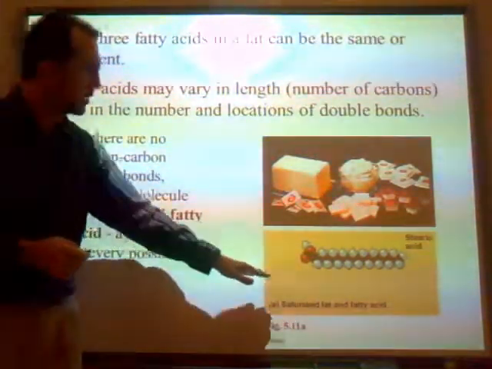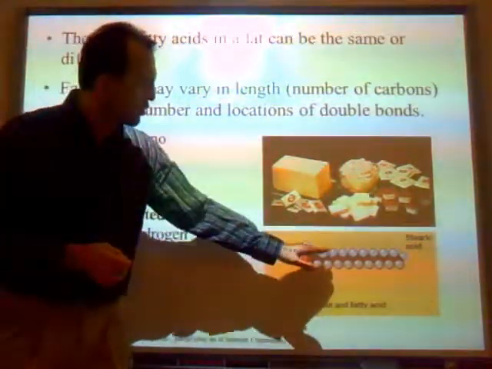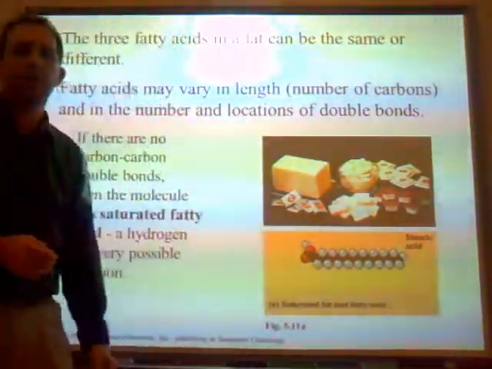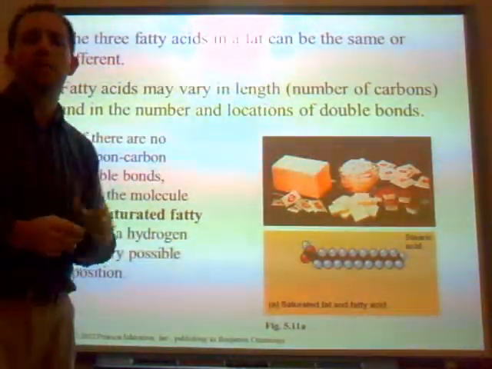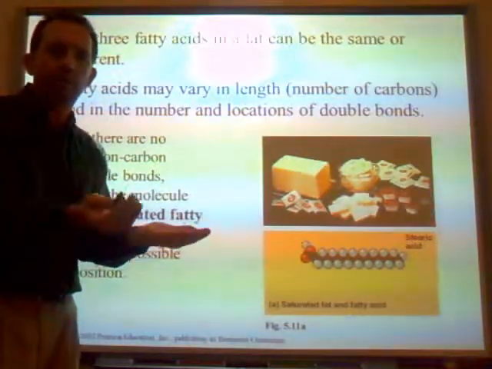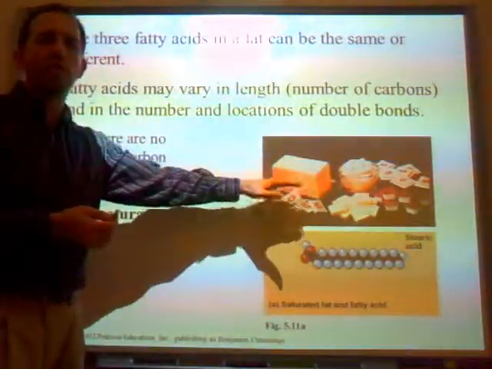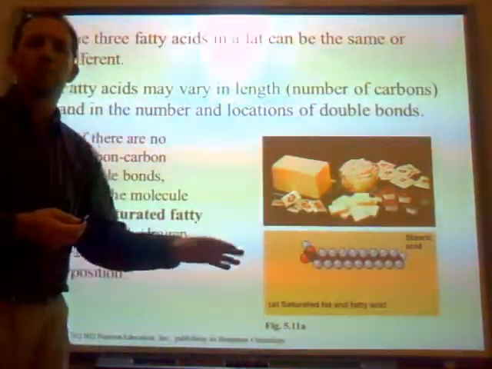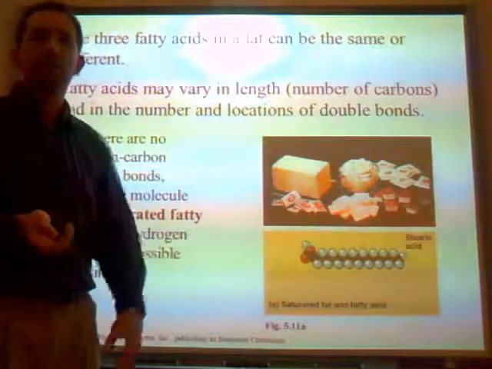If you're looking at your slides, you will notice these single bonds in between the carbons, which means they are saturated, or completely surrounded by hydrogens. Because they are held so closely together, we end up forming a bond that leaves the product as a solid at room temperature.